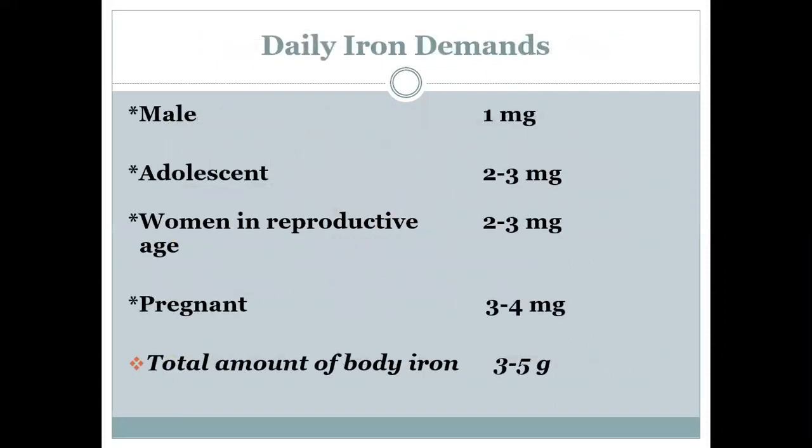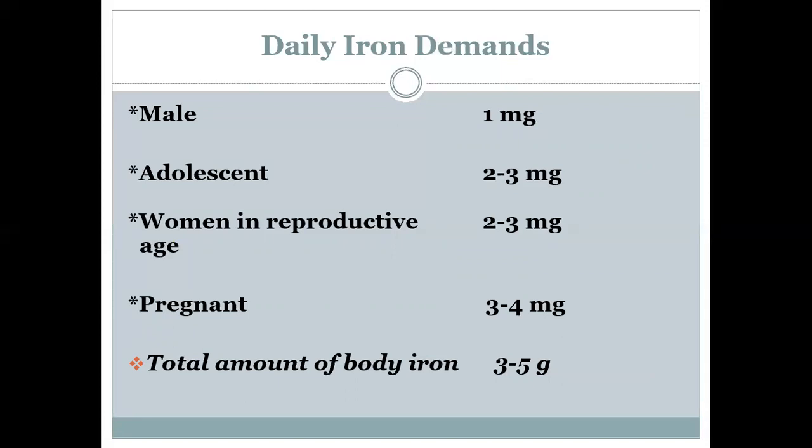The daily iron demand differs according to the age and the gender of the person, and these values are for normal people. Males need 1 milligram of elemental iron daily, while adolescents, because of the demands for growth, need 2 to 3 milligram per day, while women in the reproductive age, between the age of menarche to menopause, need 2 to 3 milligram of elemental iron because of the loss of iron in the menstrual blood flow.